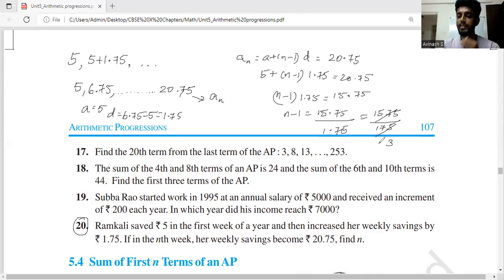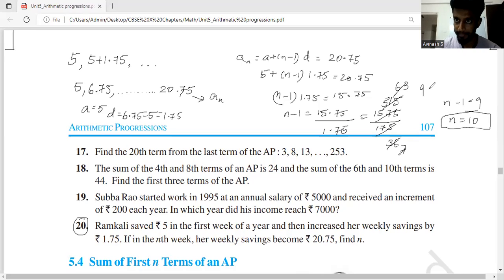Cancelling by 5 and then by 7 and 3, when you cancel you get 9. So n minus 1 equals 9. So n equals 10. So the answer is n equal to 10.